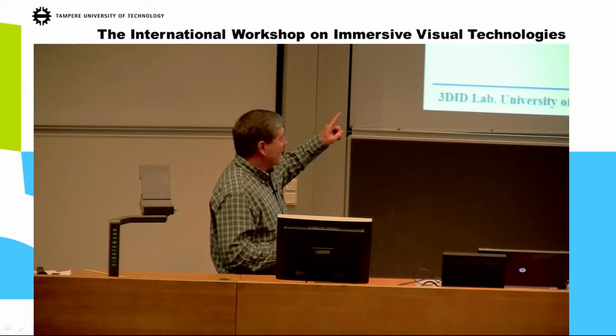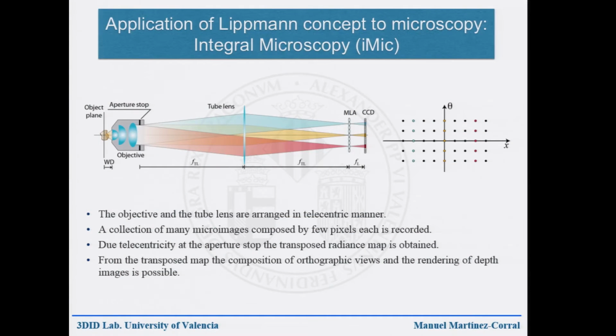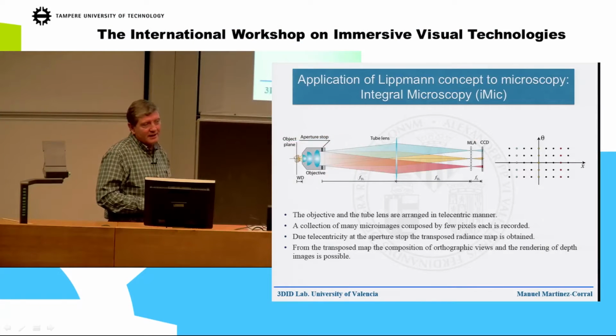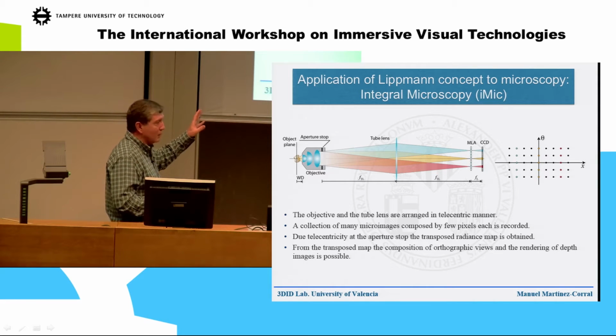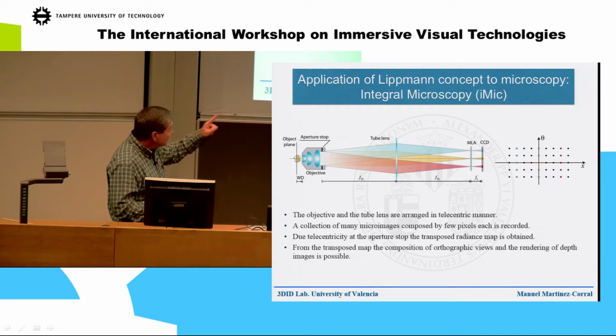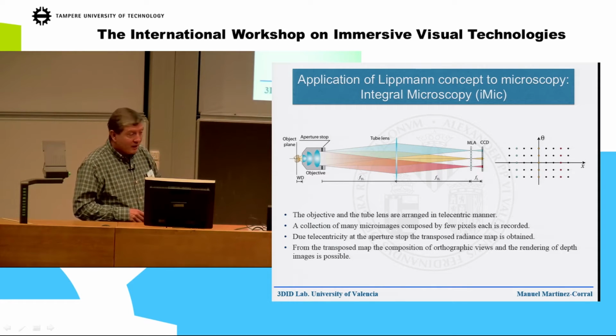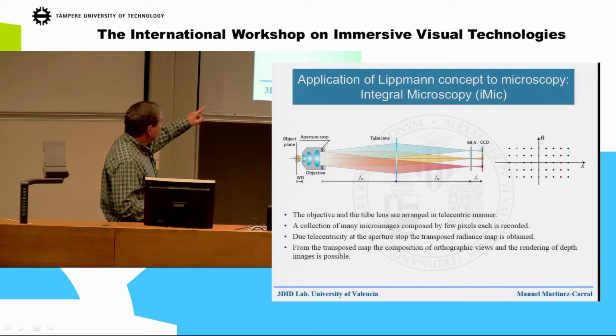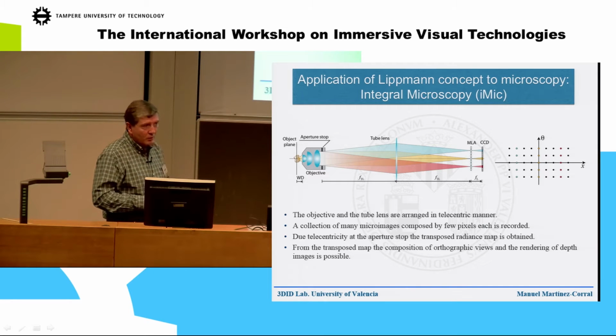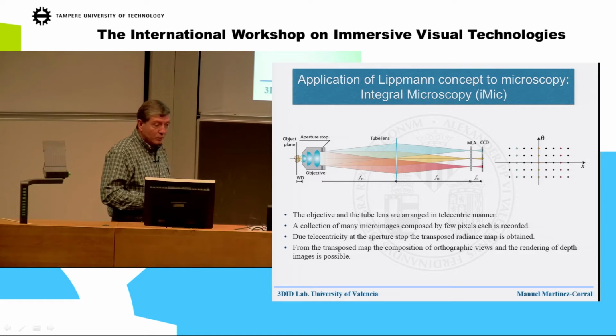There is a telecentric arrangement, a telecentric coupling between the objective and the tube lens. And in this sense, the relation between the microlens array and the aperture stop is a transposing relation, in the sense that one is in the front focal plane of the tube lens, the other is in the back focal plane.